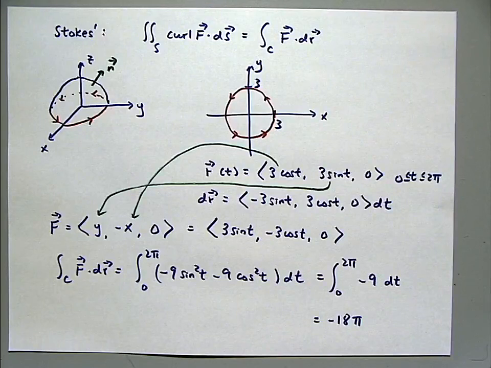And C is the boundary of the plane x plus y plus z equals 1 in the first octant, oriented counterclockwise viewed from above.